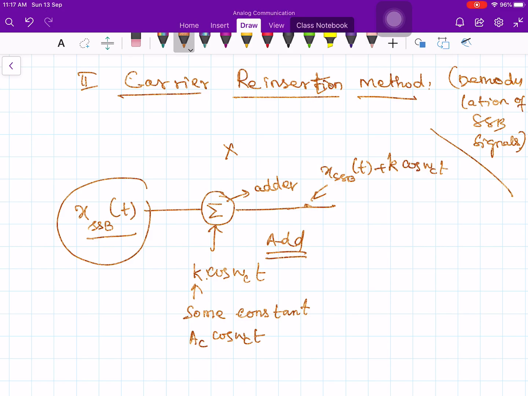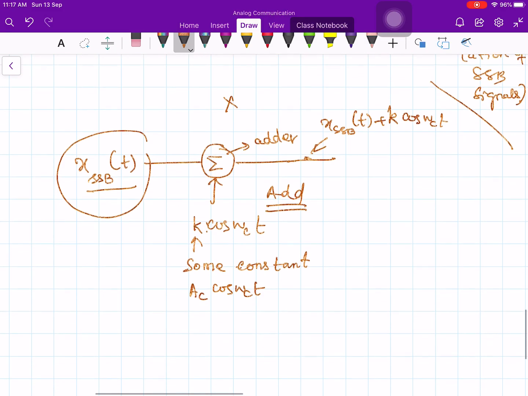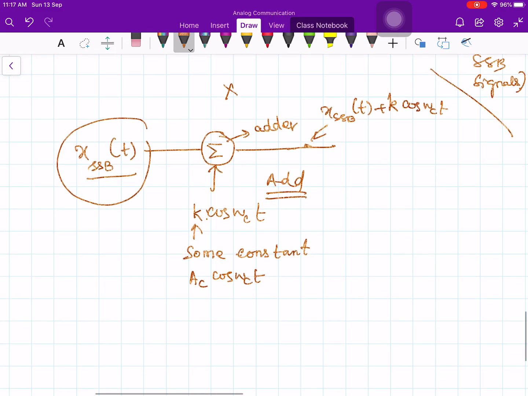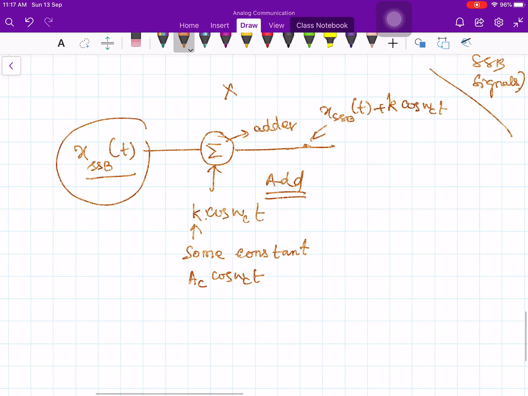Okay, so we will get a signal whose envelope approximately, under certain conditions, follows the envelope of the message signal. So more or less we are making it like amplitude modulation with the carrier. Okay, now if you look at it as it is now, it is not obvious at all. So now we will see how it becomes.